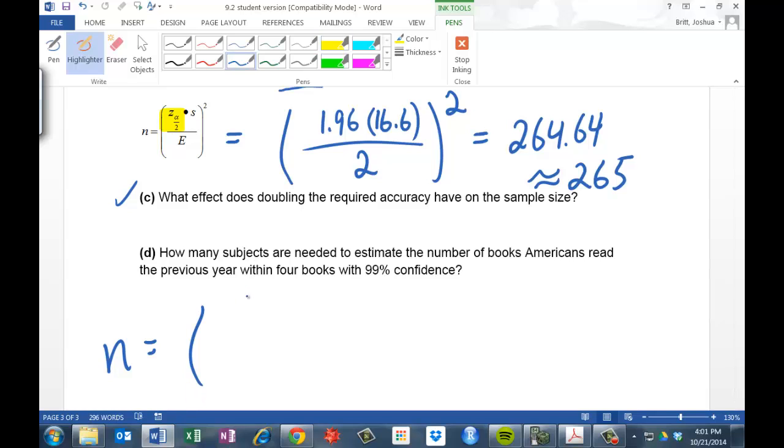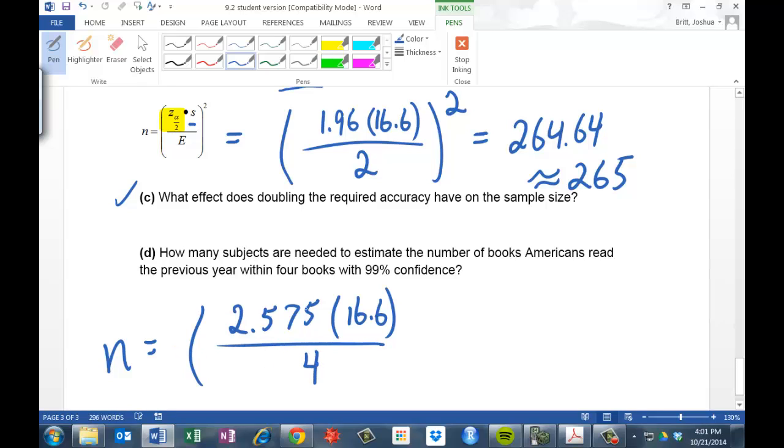So z alpha by 2, 2.575, times s, standard deviation, 16.6, divided by margin of error. Again, here we're going back to 4, squared.